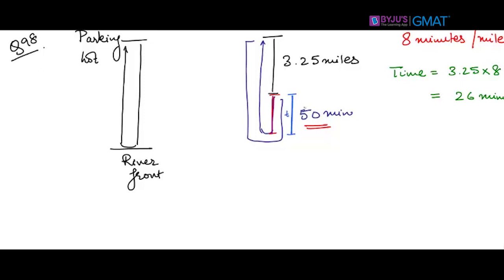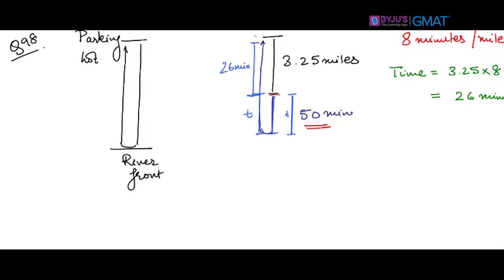If he takes t minutes to cover this distance, he will take t more minutes to cover it on the way back, assuming a constant rate. And to cover 3.25 miles, he has already taken 26 minutes. That means he will take 26 minutes from this point to the parking lot when he is running back.